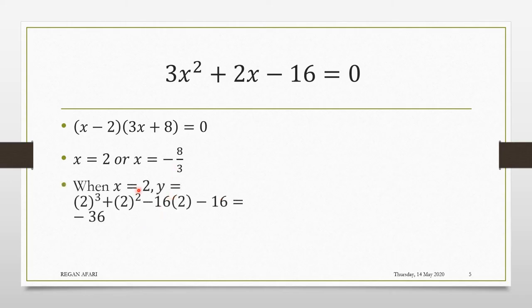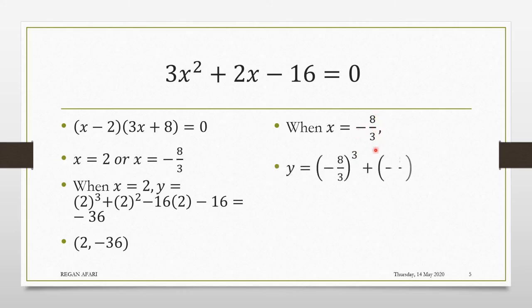So when x equals 2, y will give us negative 36, okay? And then we have the point. So this is one of the turning points, okay? (2, negative 36). Right, so when x equals negative 8/3, what will y be?